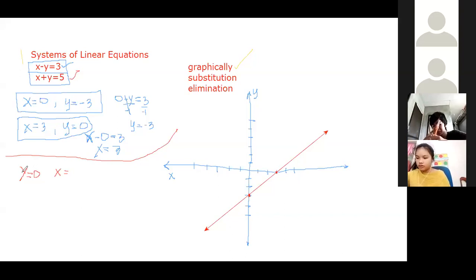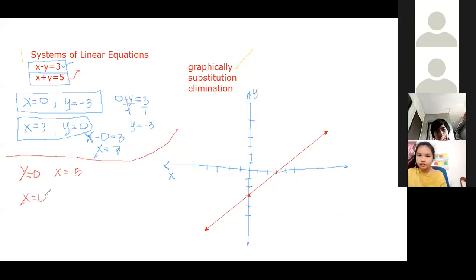Right? So if y is 0, so substitute natin si y dito. So pila si x? X is 5, right? Nakuha ba? Kung 0 daw si y, so x is equal to 5, di ba? So this is now our first point. Now our second point is you will assign x to 0.